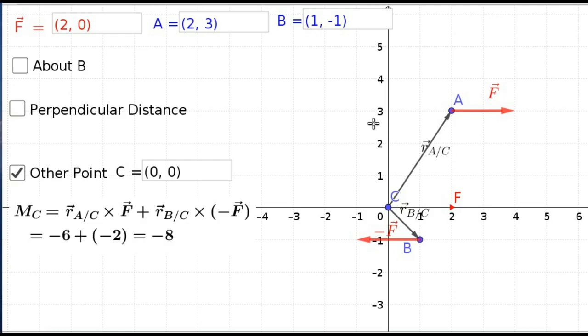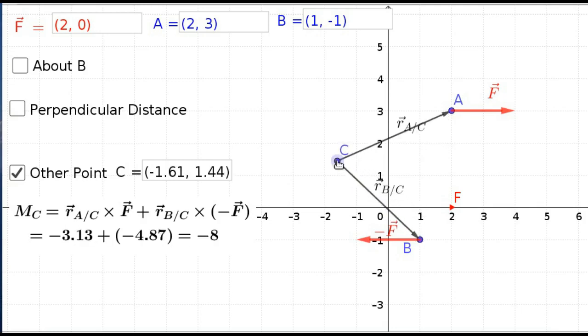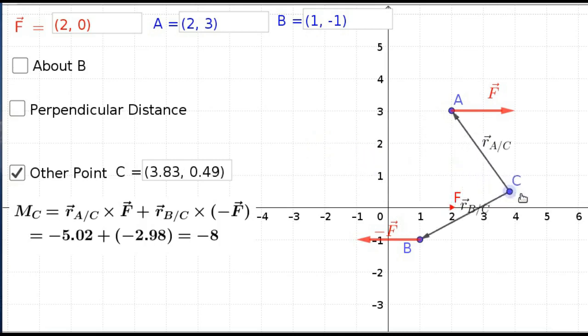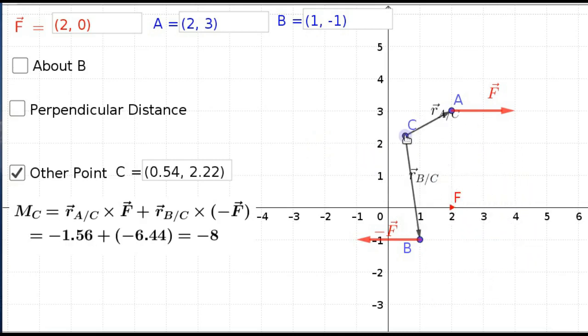And here we have r of the point A relative to C and the position r of B relative to C. And we see here that it's still minus 8. So I can move the point C here anywhere, and that'll change these two vectors, but it doesn't change the couple. The couple value is still minus 8.